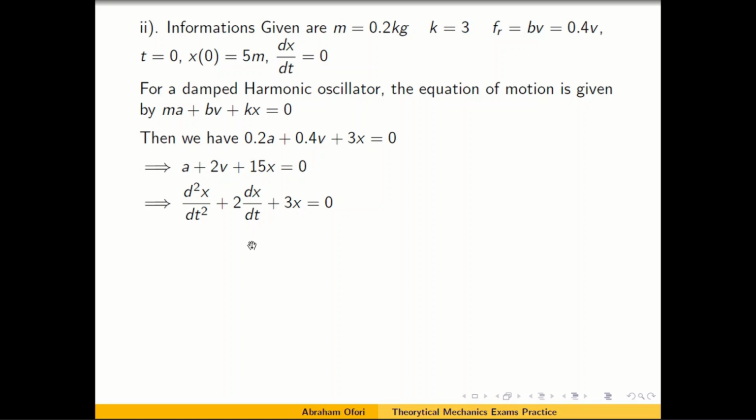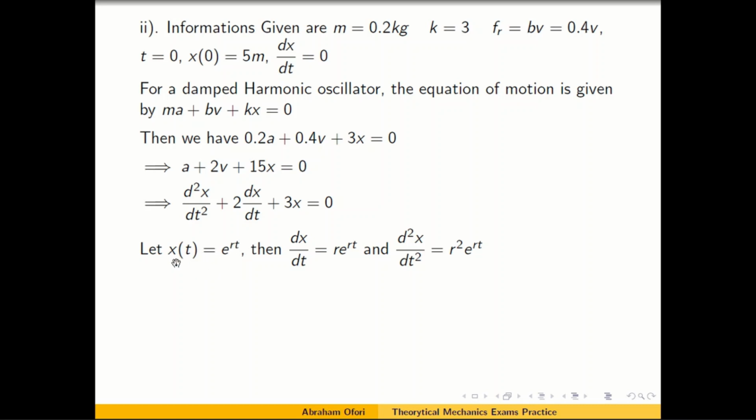Using the method of undetermined coefficients, since this is a harmonic oscillator, by all means the equation of motion will be a periodic function, because a harmonic oscillator is a motion that deals with period. So we choose a periodic function like e to the power rt.